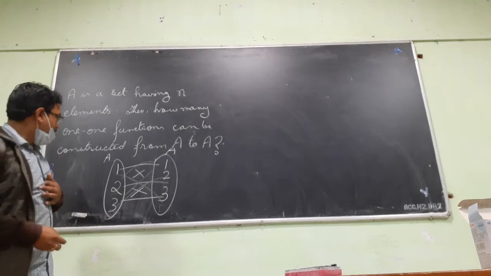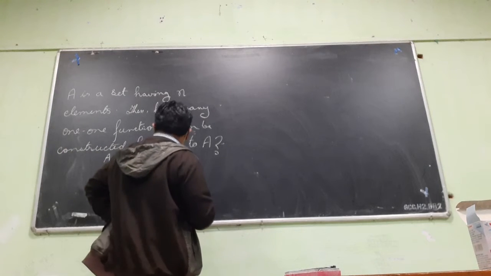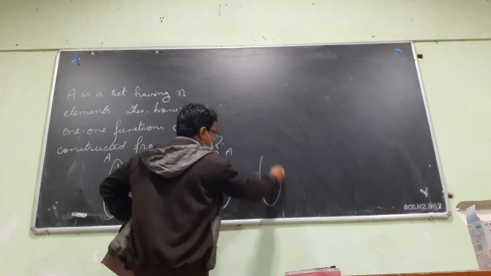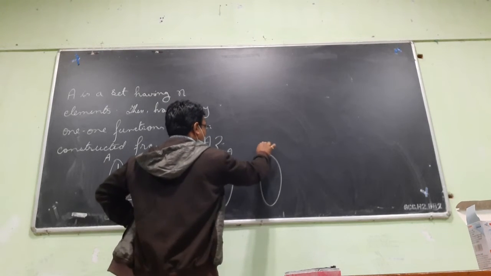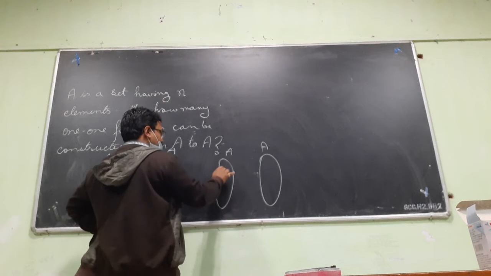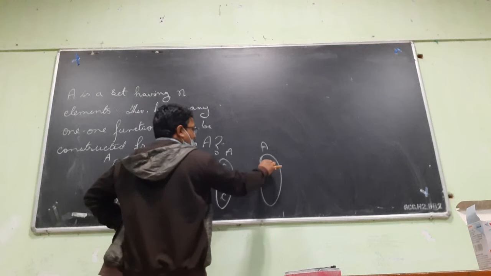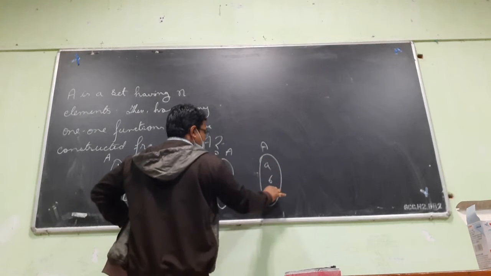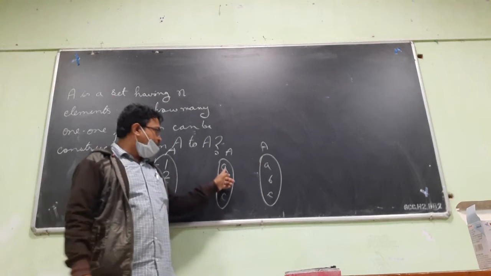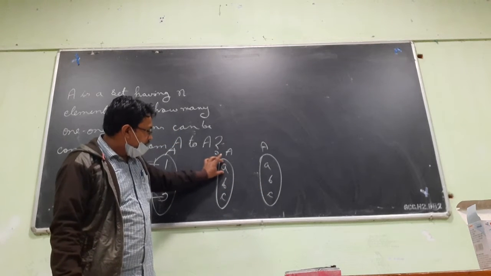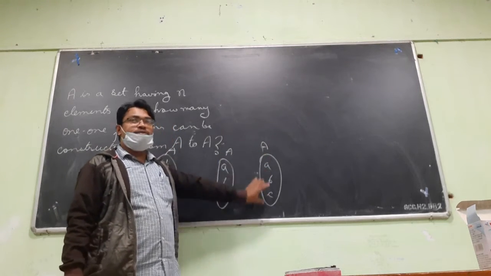So how can you find out? Using the multiplication rule of counting. Constructing a function from here to here, A. Let me write it as something like A, B, C. Here also it's A, B, C. So constructing a function from here to here is like placing these objects somewhere here.